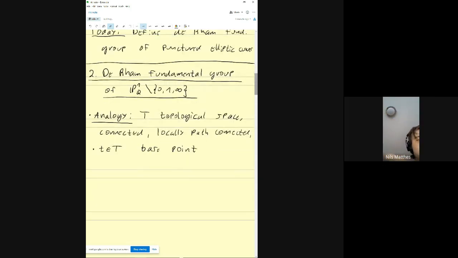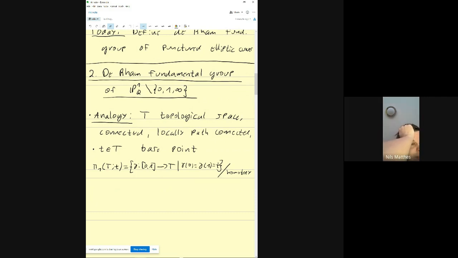Then how do you define the fundamental group in this setting? Well, that's very well known. The fundamental group of the space T with base point t is defined as the set of all paths, so continuous maps from the unit interval into your space T, which start and end at the point t. And you mod out by an equivalence relation that is called homotopy. So you want to identify two paths if they can be deformed continuously, one into the other.